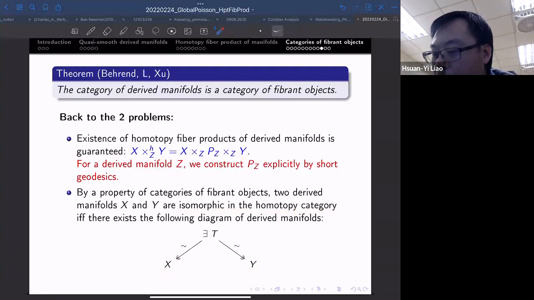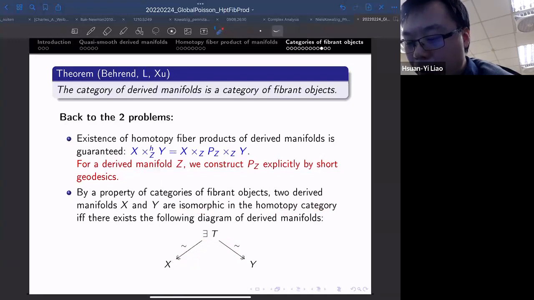And that means in this case that there exists a third derived manifold with two trivial fibrations onto the two given derived manifolds. And this is equivalent to being isomorphic in the homotopy category. The homotopy category means we just invert formally each weak equivalence and complete as a category.